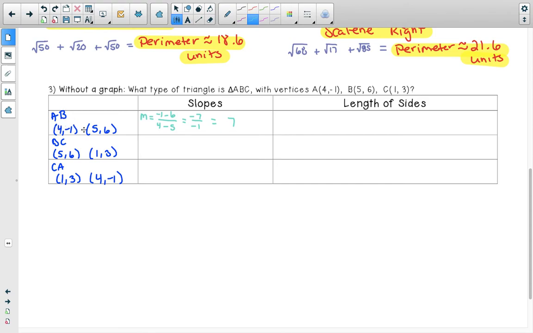From 4 to 5 is a change of 1. So my distance would equal the square root of 1 squared plus, from -1 to 6, a change of 7, and that's the same value I'd gotten here, 7 squared. So I get the square root of 1 plus 49, which is the square root of 50.